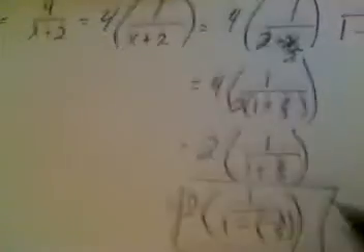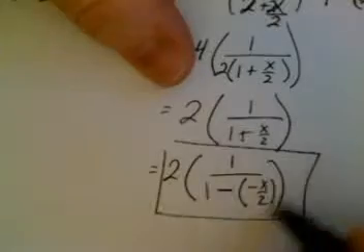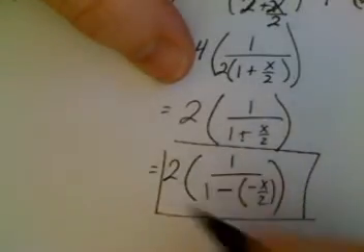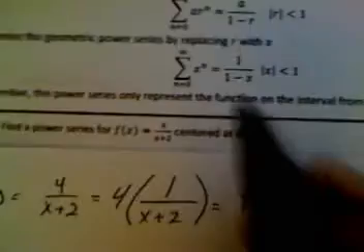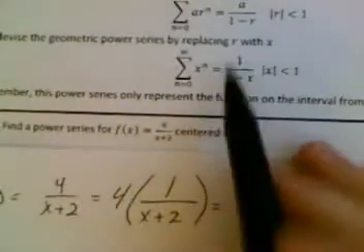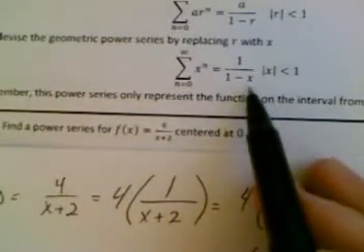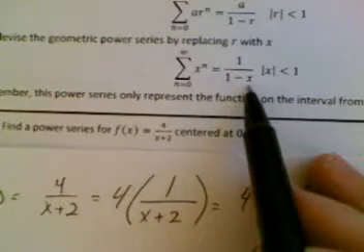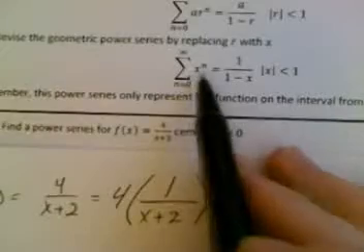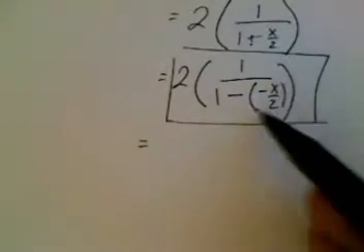Well, I know that this function right inside here is the same thing as this function here, with my x being slightly different. Let me replace the x here with the same x that's right here.